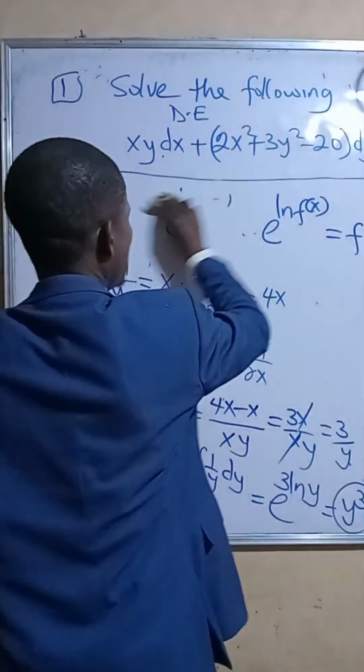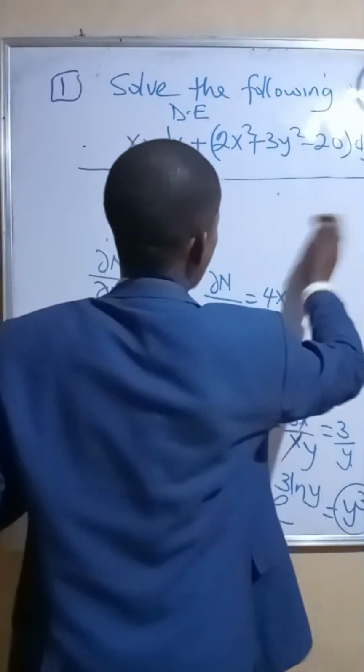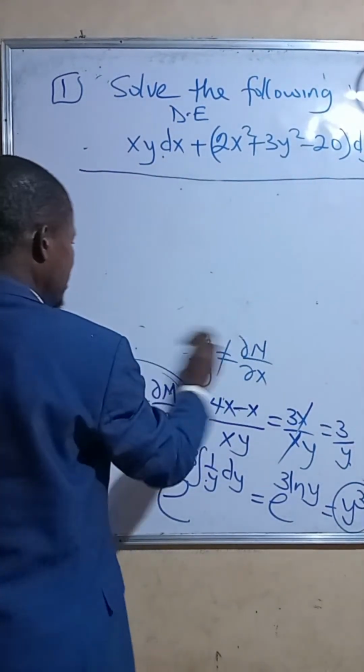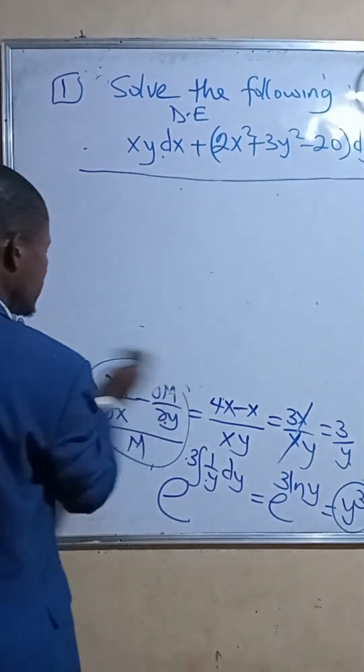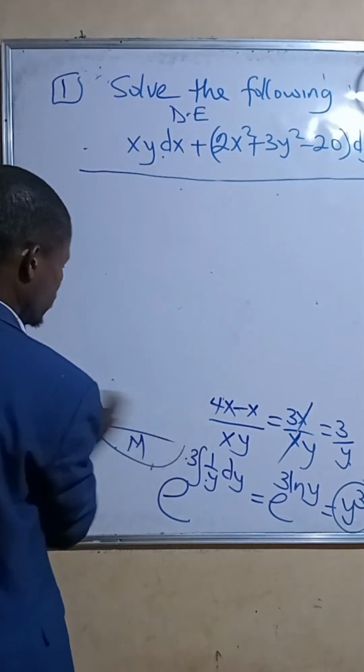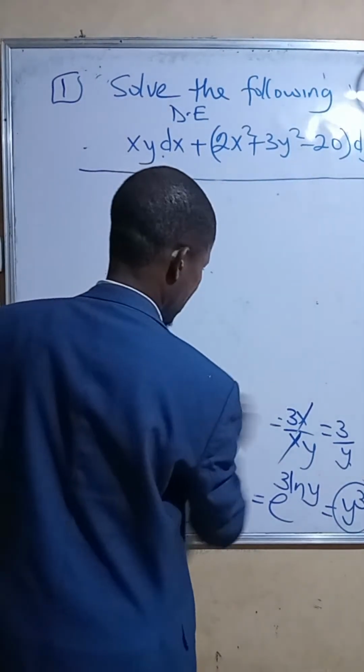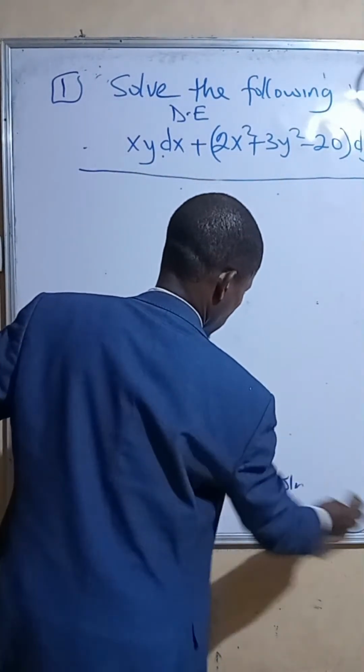So once we've gotten our integral factor, what we do now is to use it to multiply the initial given differential equation. Use it to multiply the differential equation given in the question.